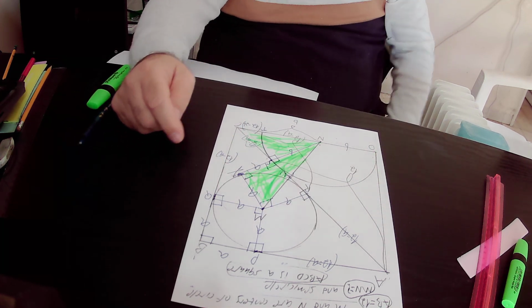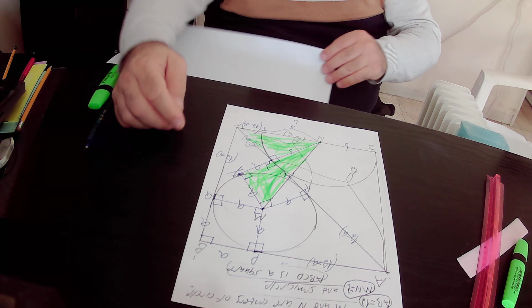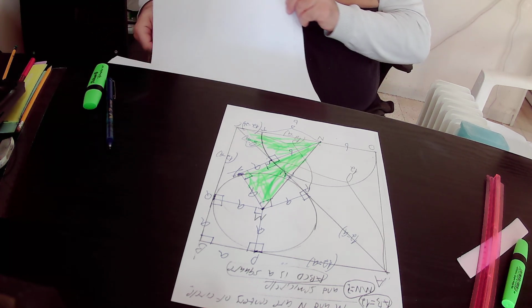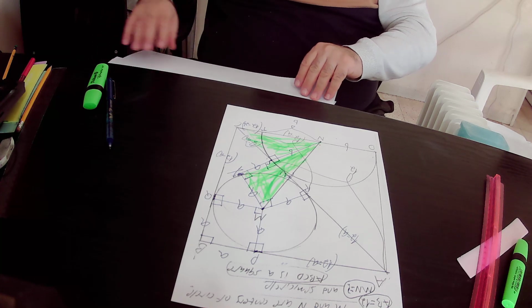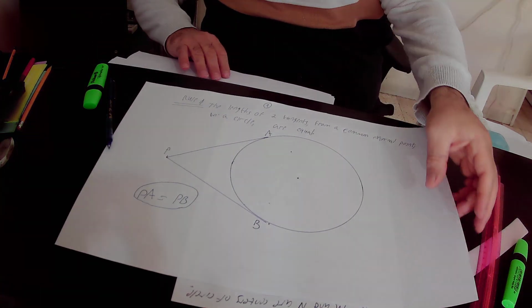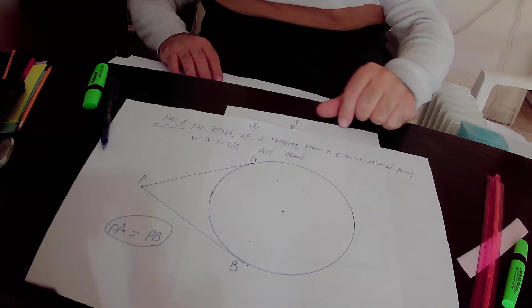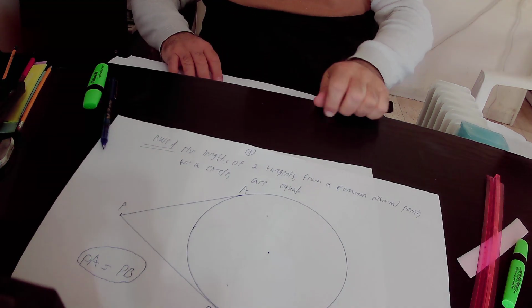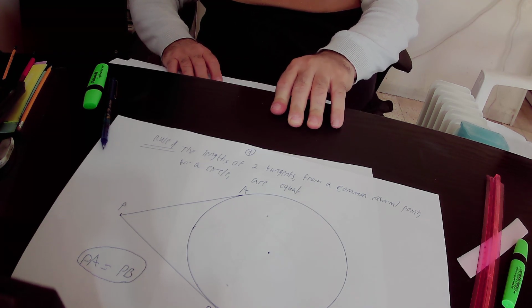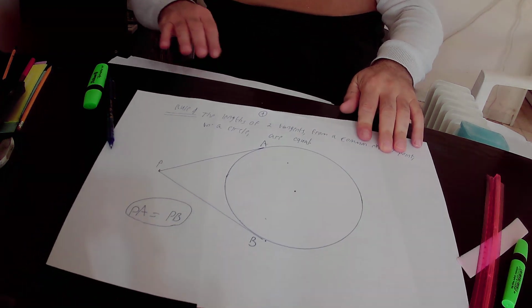Then I presented to you a new rule that is actually rule number 1. According to rule number 1, the lengths of two tangents from a common external point to a circle are equal. What is the meaning of rule number 1?